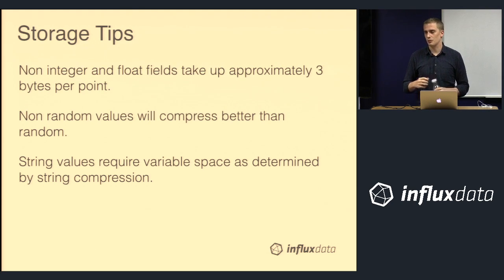If you have random values, it'll compress poorly, or not quite as well as if you have contiguous values. And for string values, the space required is basically how much it can compress those values.